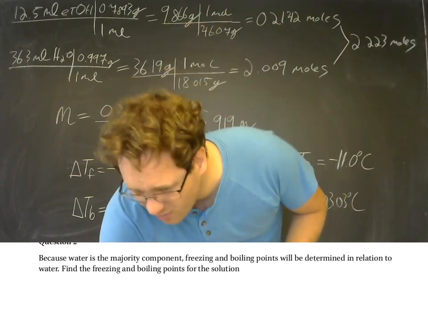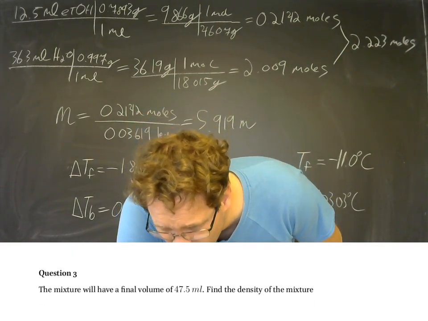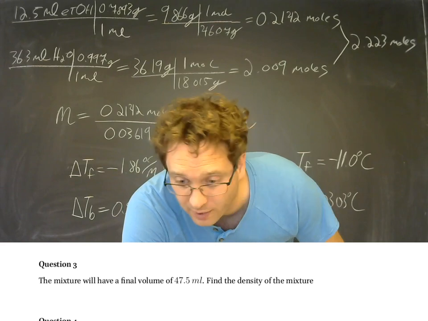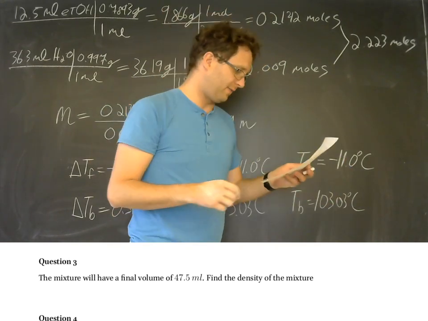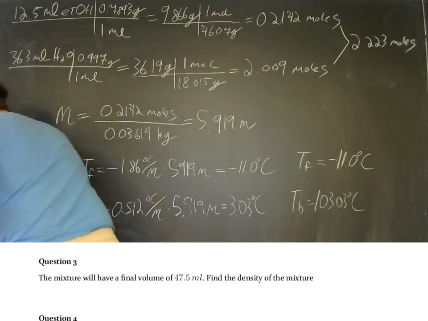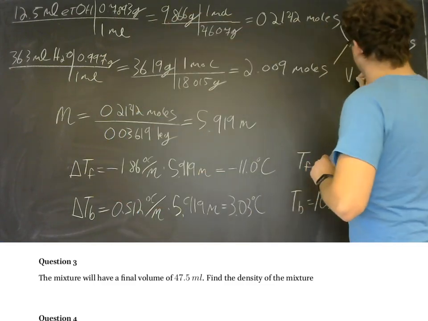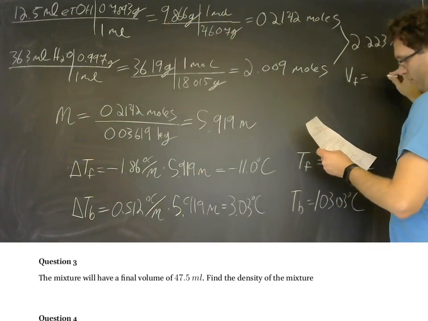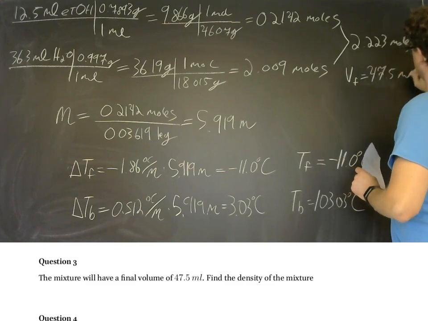Okay, now question 3. Sorry. Question 3, the mixture will have a final volume of 47.5 milliliters. So I'll just write this down over here. VF is equal to 47.5 milliliters.